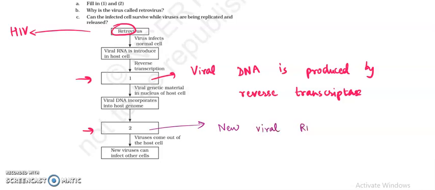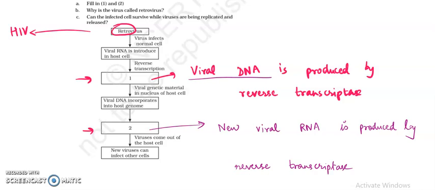New viral RNA is produced by reverse transcriptase. Okay, so see here viral DNA was produced, or here viral RNA has been produced. So this is the key term, viral DNA, viral RNA, and if you notice in both the cases reverse transcriptase has to be mentioned.